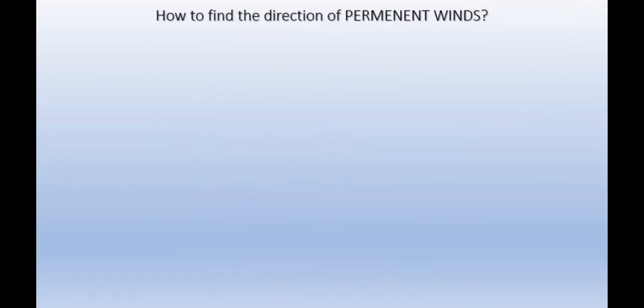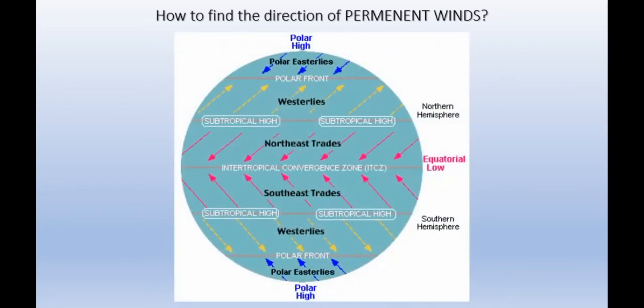How to find the direction of permanent winds? As you all know, the pressure belts are there and the permanent winds. The equatorial low pressure area in purple color, you can see arrows showing it, and in the northern hemisphere and southern hemisphere you can see trade winds, easterlies or trade winds.